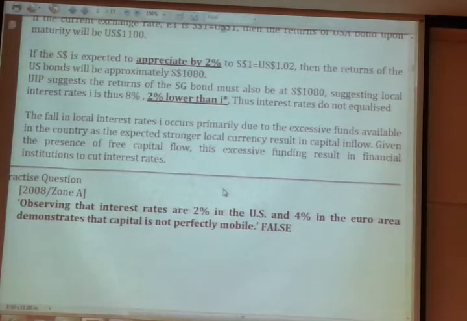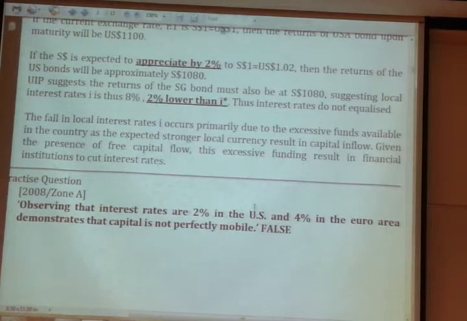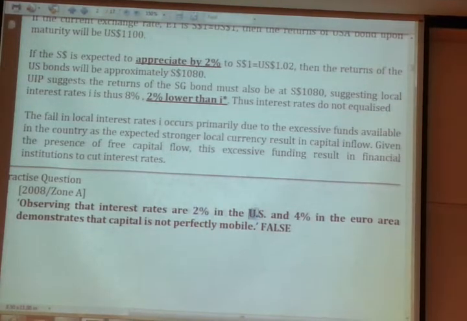All you need to highlight is explaining why the US interest rate is lower, because you expect the US dollar to be stronger. So UIP says the returns on both will be exactly the same. In this case, you might get Euro 1040, convert back to US dollar 1020. So go back and try out this practice question.